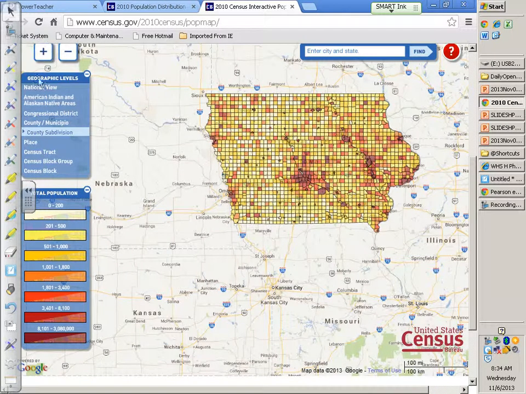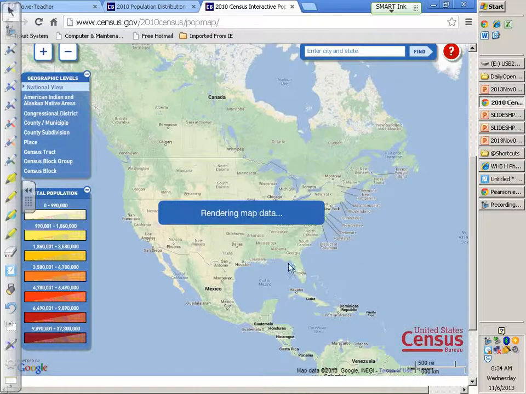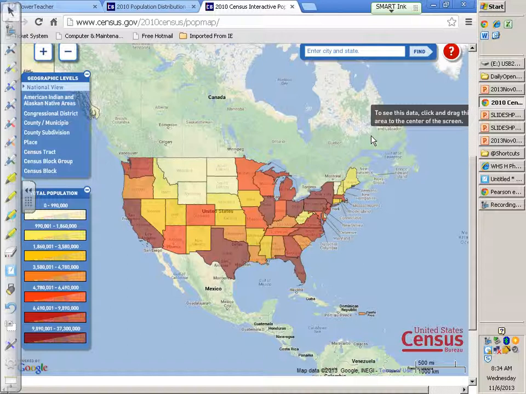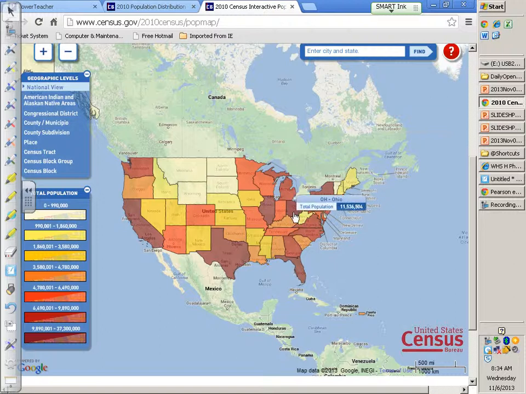If we go back to the national view, Iowa is all one color, right? But are there parts within Iowa that are more populated than other parts? Relatively speaking, let's face it, nothing in Iowa is real populated. But are there parts in Iowa that are more populated than other parts? Sure, right?